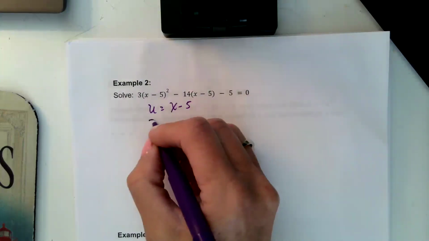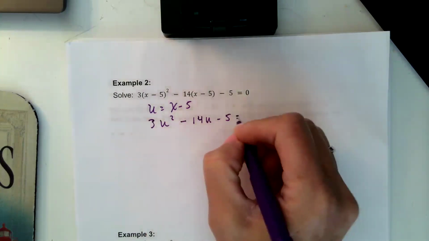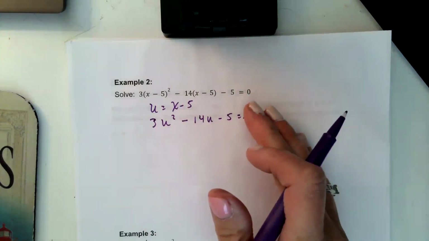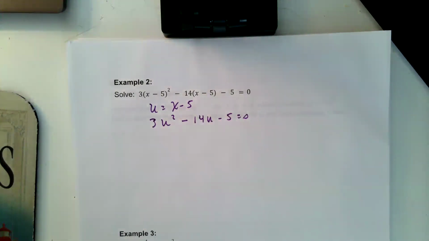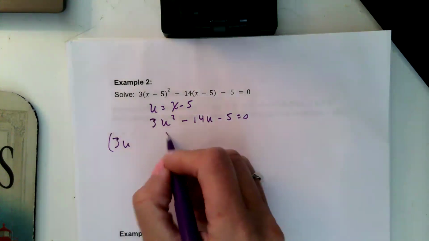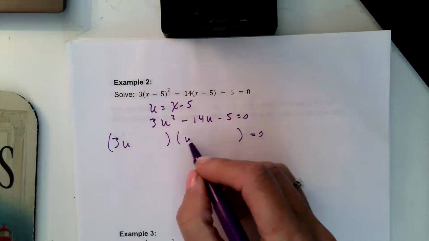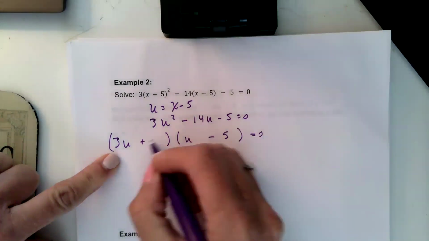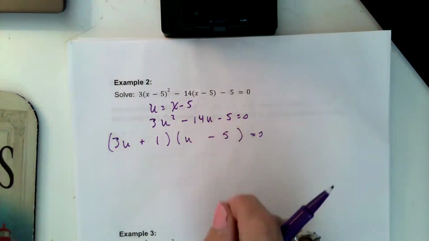And so this is really 3u squared minus 14u minus 5 equals 0. Now we have a quadratic that we can just try to factor or use the quadratic formula to solve. If we do use factoring, if we do u minus 5 here, we would get negative 15 plus 1 is negative 14 in the middle, and then that still multiplies to make the negative 5 on the end.